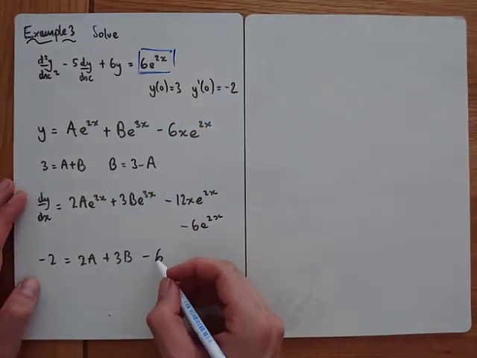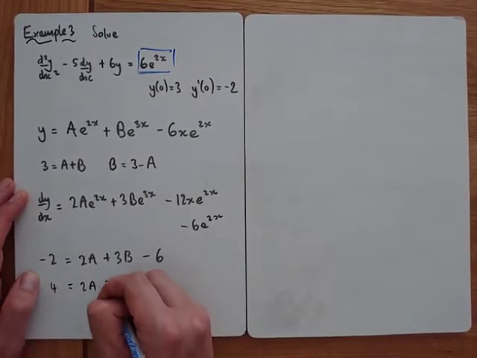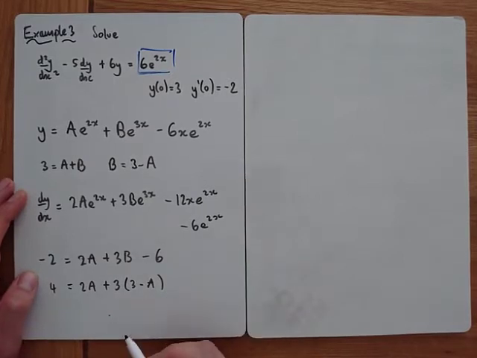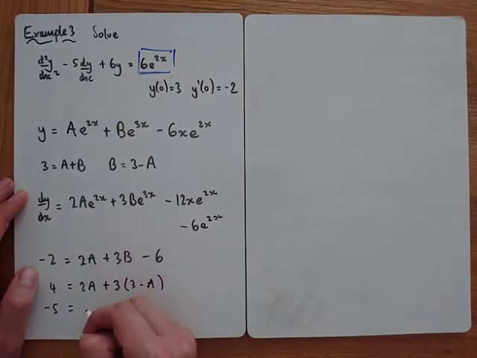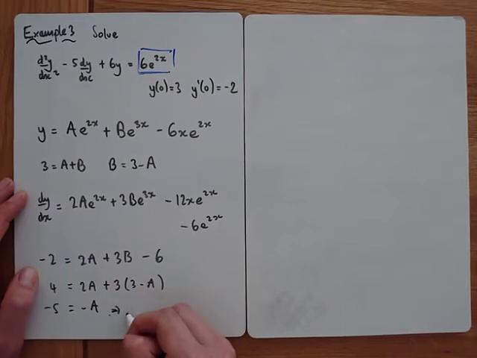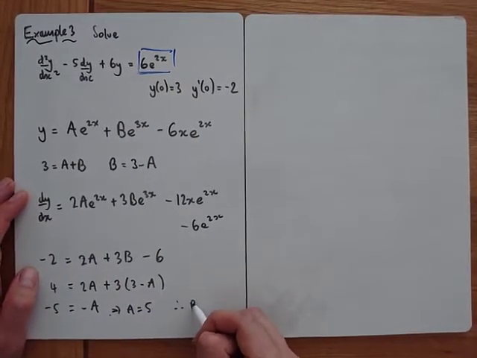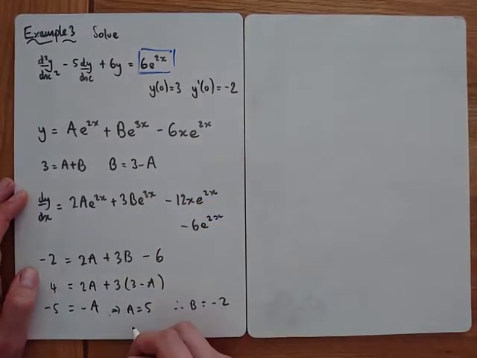So that would become 4, 9, so then subtract 9 minus 5. 2a minus 3a minus a, so we get a equals 5, therefore b equals 3 minus a, so minus 2.